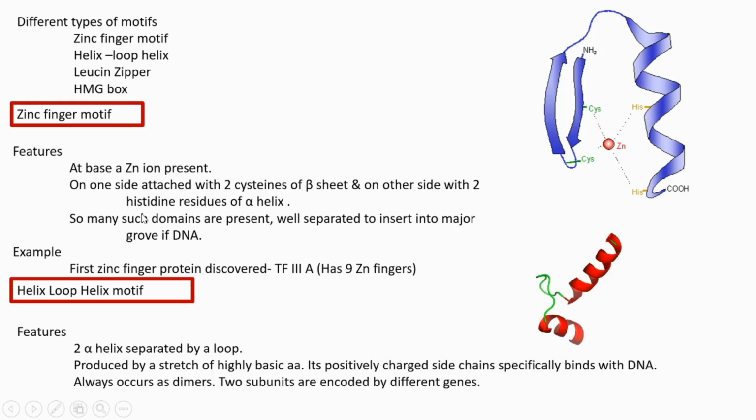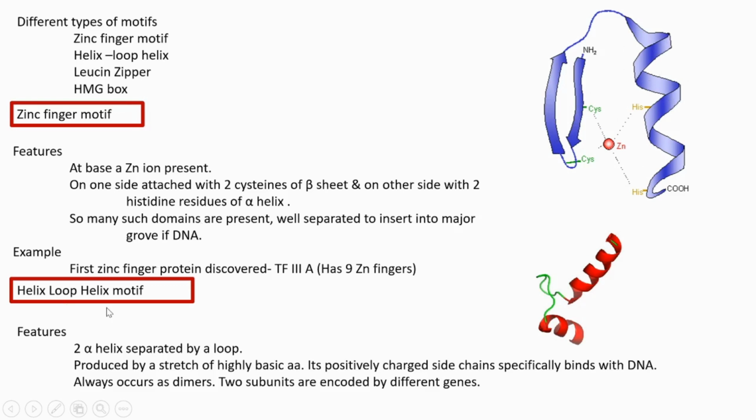That's one feature. So many such domains can occur in the same transcription factor, and using this domain it inserts into the major groove of DNA. An example is the first zinc finger motif discovered, transcription factor 3A, and it has 9 such fingers in its DNA binding domain.